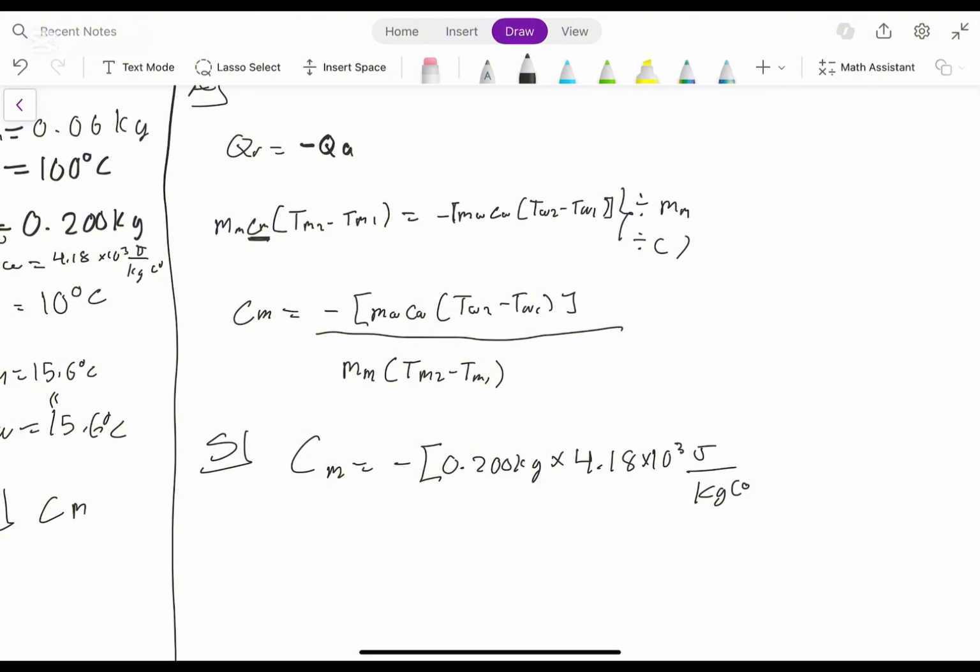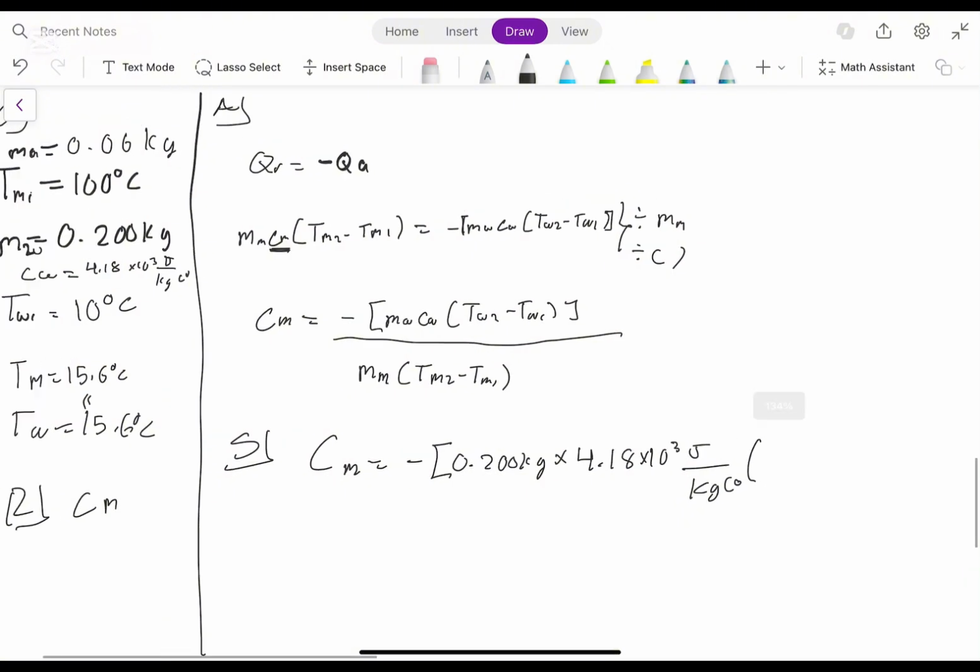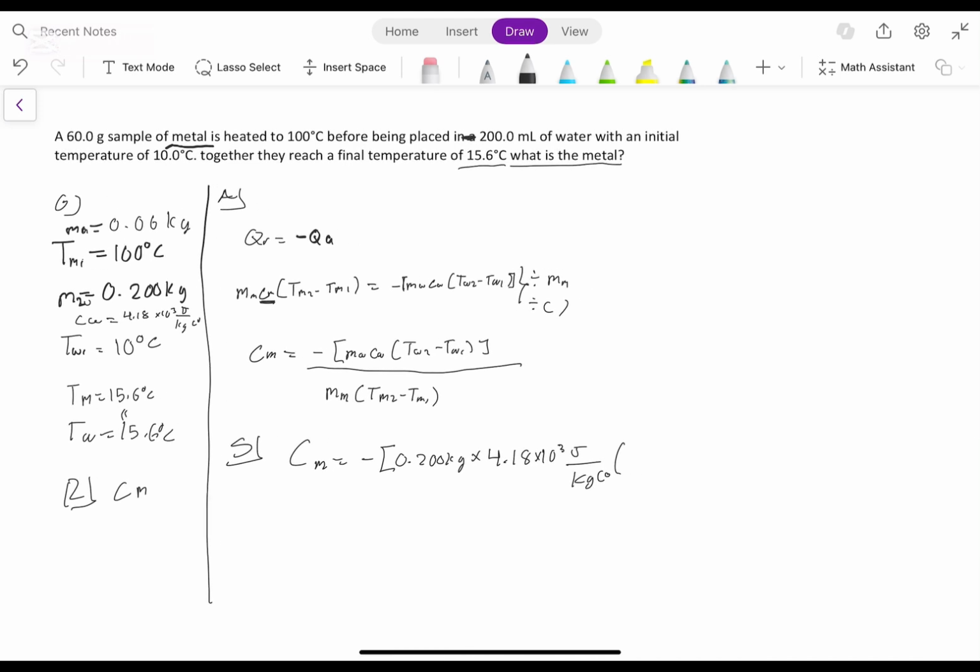From here, we can go into multiplying by the brackets. So the temperature 2 was a final temperature of 15.6 degrees Celsius, and we're subtracting the first temperature, which in this case was 10 degrees Celsius, as stated right here.